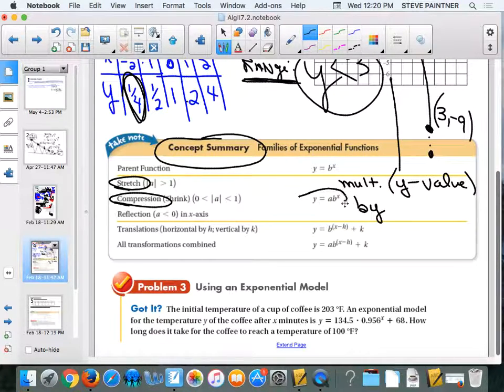What number are you going to multiply by? A, the stretch factor, A. Bingo. That's it. The rest of this is just your horizontal movement, your vertical movement, stuff we've talked about over and over. So that's just a quick summary of what you did.